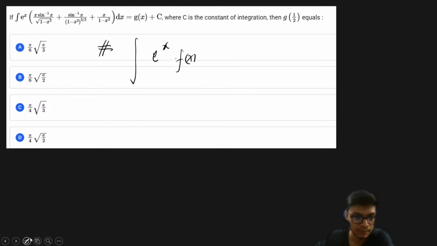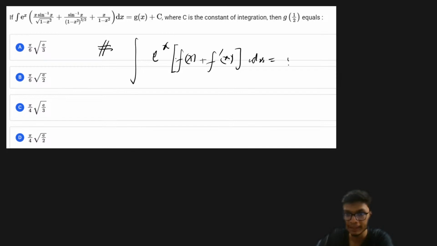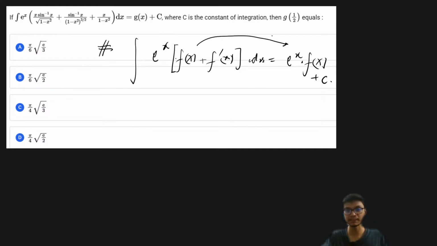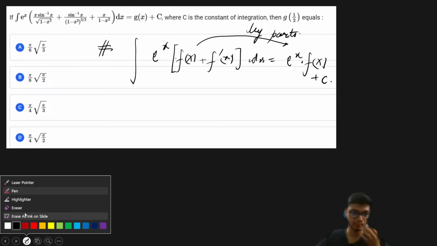So whenever you see the integral expression like e to the power x into f of x plus f dash of x into dx, then your integral is going to be equal to e to the power x into f of x plus c. As simple as that. You can simply get this result by using integration by parts.